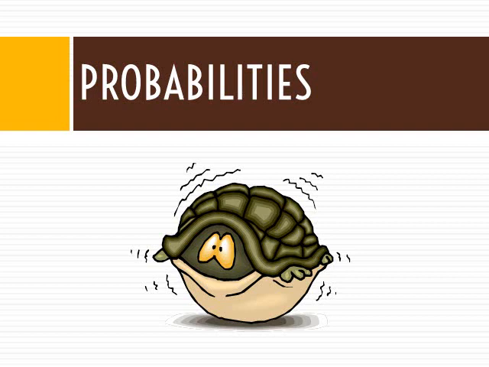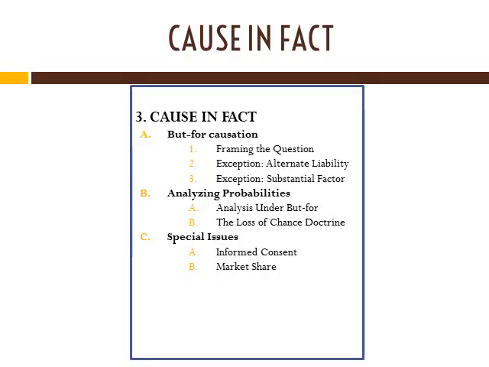Now, students sometimes get freaked out about this because it involves a very, very little bit of math. Trust me, it's not that hard. You only need to be able to multiply something by 2. Let me show you. So, now we're going to talk about analysis of probabilities under the but-for test, and then we'll briefly talk about the loss of chance doctrine.